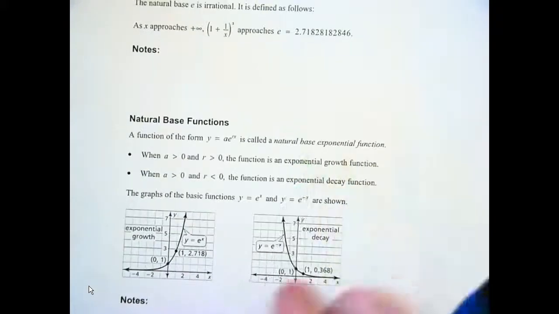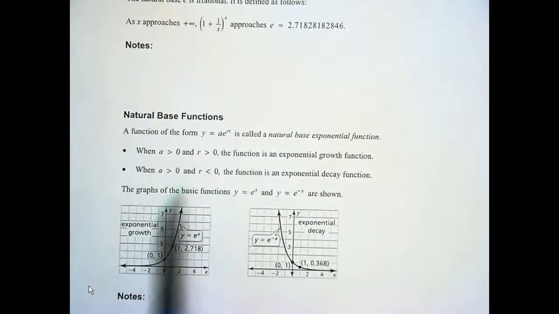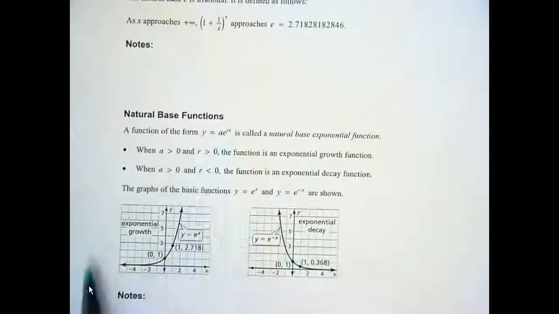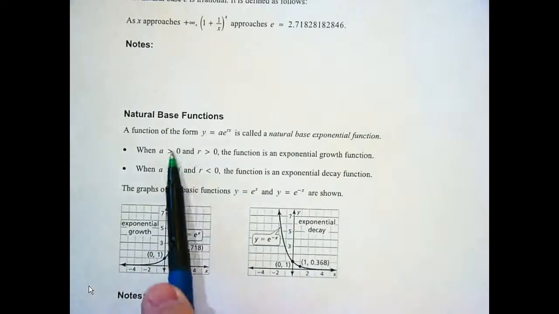A function of the form y equals a times e to the rx power is called a natural base exponential function. They call it a natural base because e is called the natural number. It is one you're going to see appear a lot in the sciences. A obviously has to be greater than 0.